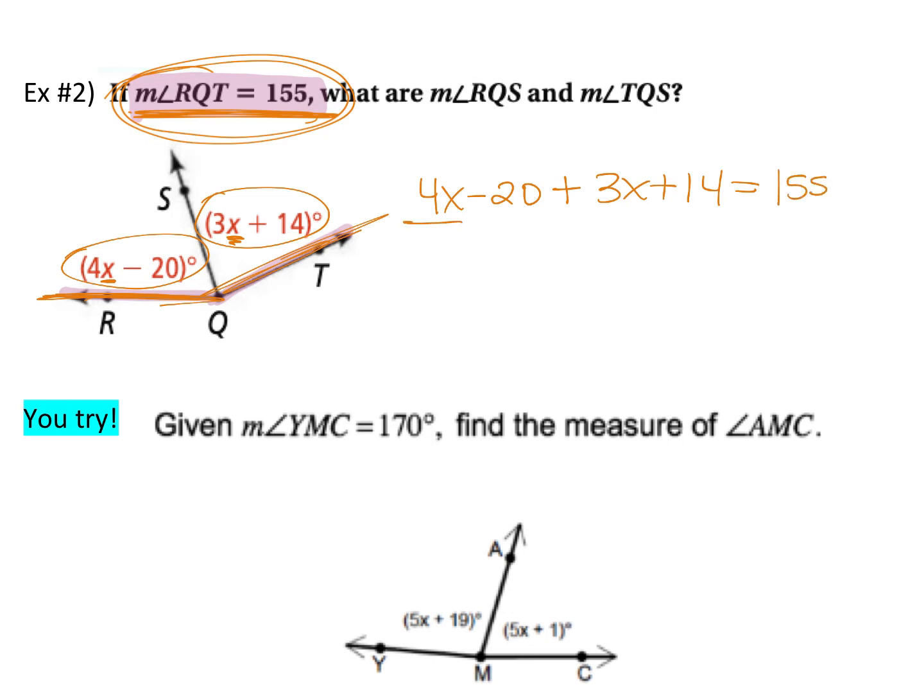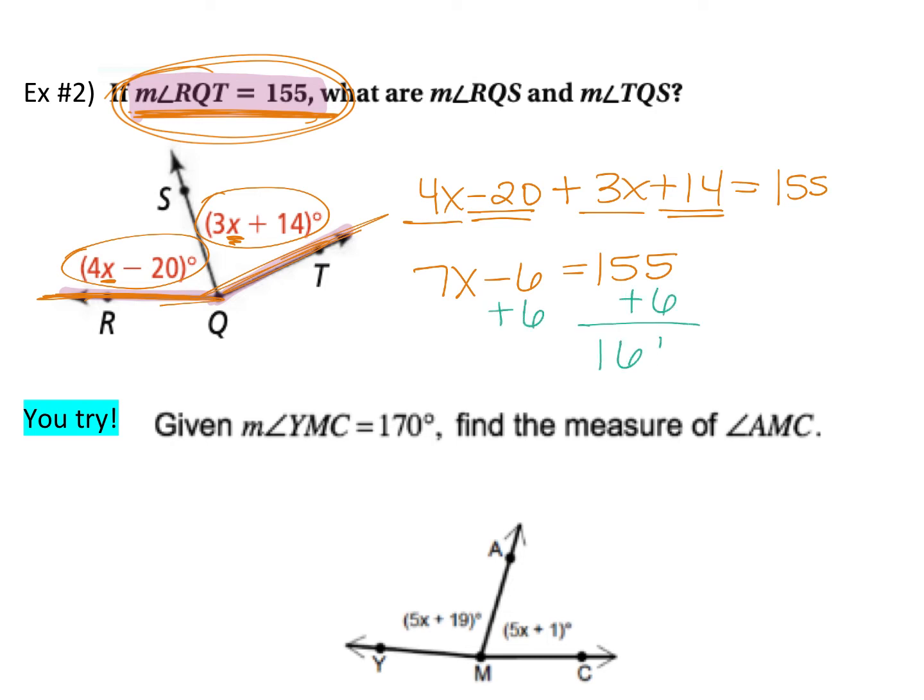And then we simplify. 4x plus 3x is 7x. Negative 20 plus 14 is negative 6 equals 155. What's your next step? We're going to add 6 to both sides.